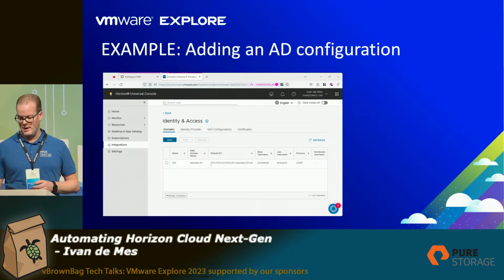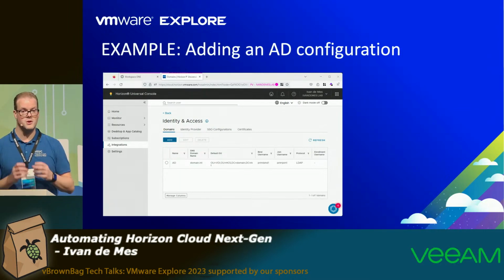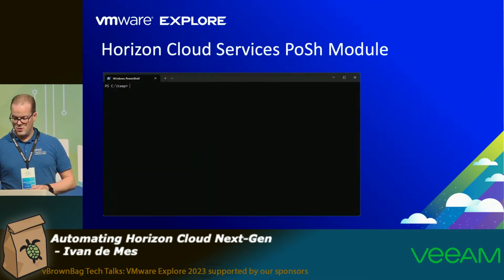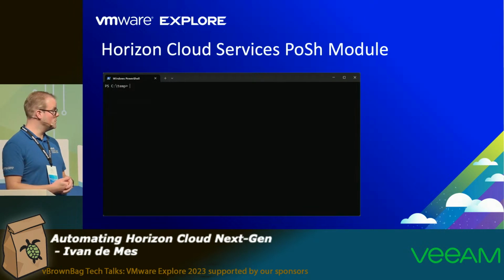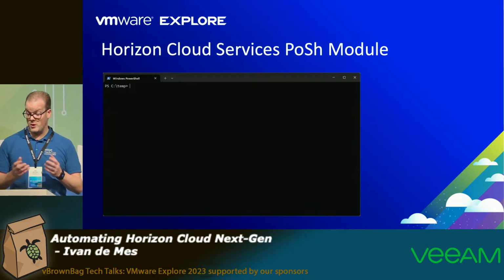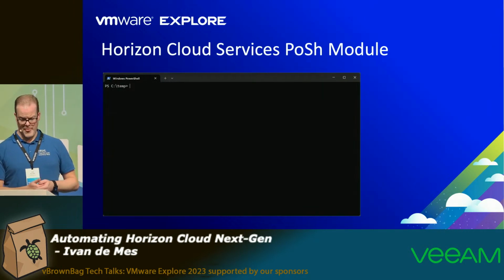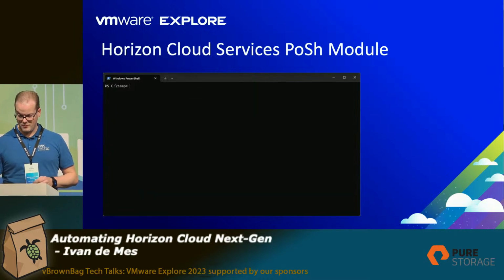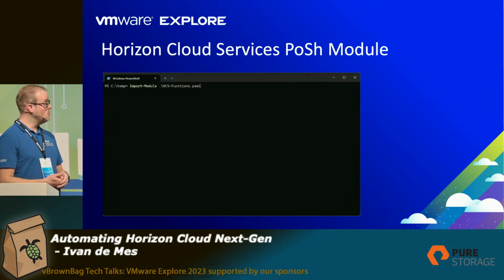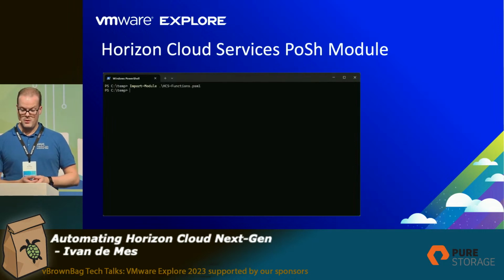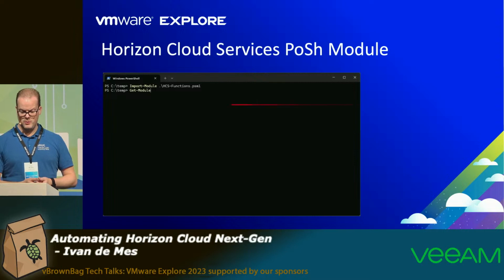I just mentioned a certain JSON format that you have to specify. And sometimes it can get a little time consuming to construct such a format. So therefore we created a PowerShell module, and it makes it a little bit easier. Simply import the PowerShell module, which is the HCS functions module.